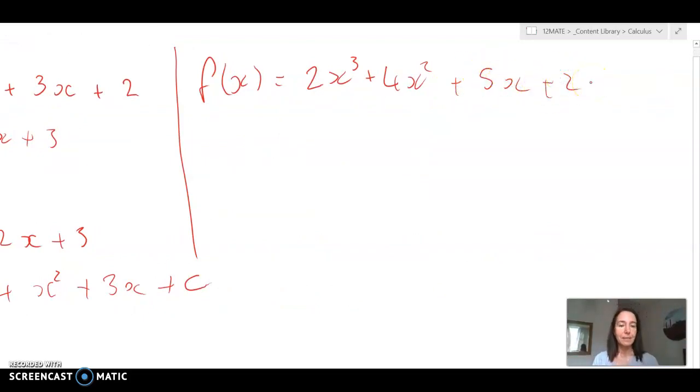So say we had that. Then if I differentiated, f dash x is going to give me 6x squared plus 8x plus 5.